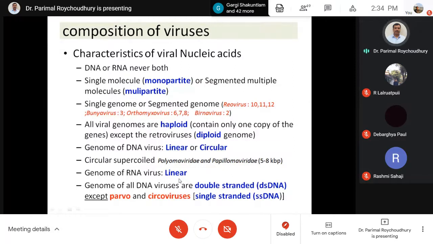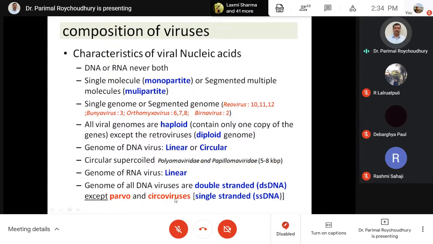Okay. Now coming to one of the most interesting features, which you could not see in any other life system. All of you know DNA is universally a double-stranded molecule. The Watson and Crick model, everyone of us has studied the double helical structure of DNA. We know DNA is double-stranded and RNA is single-stranded. But there are two DNA viruses of our importance called parvoviruses and circoviruses.